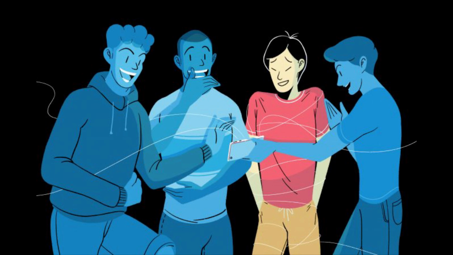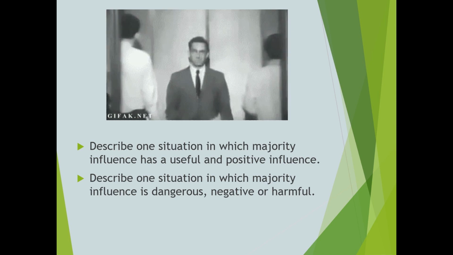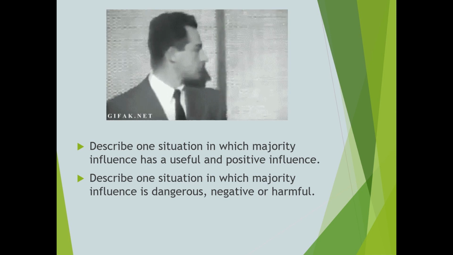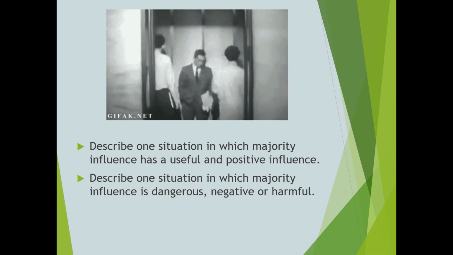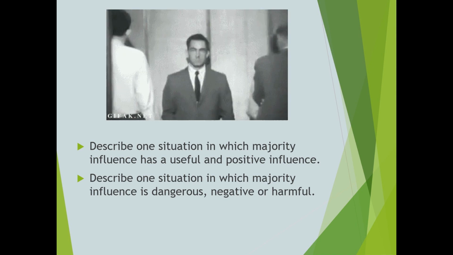The majority influence you and your behaviour. There are loads of fun experiments and videos you can see on the internet about this. The lift experiment's a really famous one. You can see a little gif of it here. But basically anything where we feel that social obligation to toe the line and do what other people are doing, this is what we're talking about here.